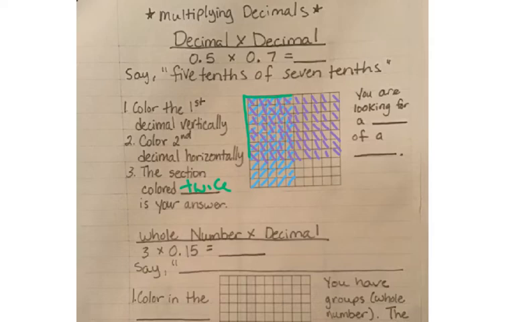All right, so we have 1, 2, 3, 4, 5, and then 7 this way. So if I multiplied 5 times 7, I would come out with 35, but it's not 35 wholes, it's 35 hundredths. Okay? And I know my product is less than 1. I knew that already. We talked about that because we were looking for a part, 5/10 of a part, 7/10.